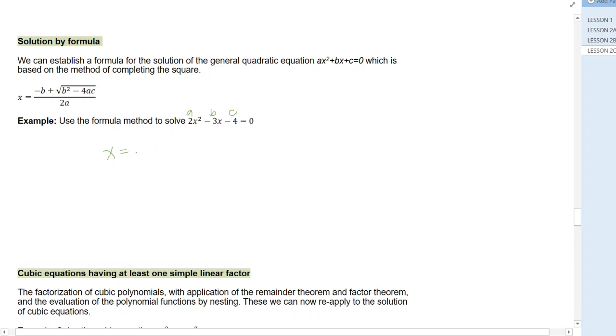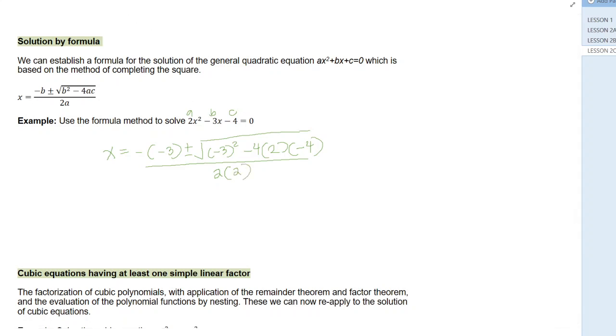That is negative times, since your b there is negative 3, negative negative 3 plus and minus the square root of b squared, which is negative 3 squared, minus 4 times the coefficient of a, which is 2, multiplied by c, which is negative 4, all over 2a, which is 2 multiplied by 2.